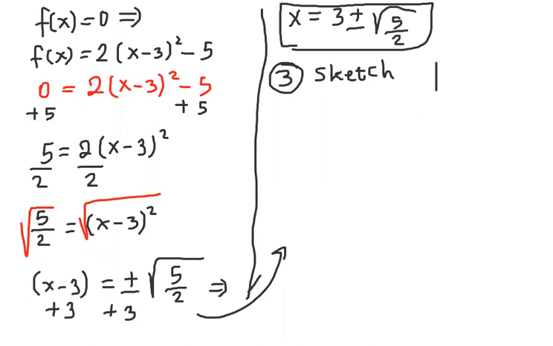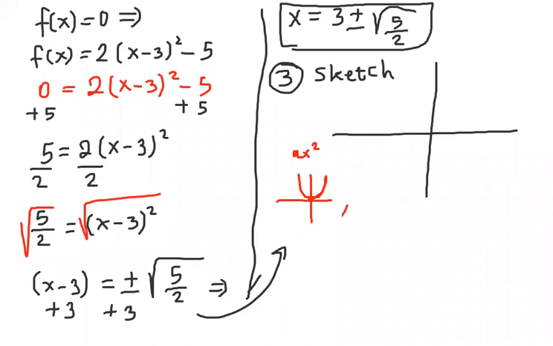To sketch the graph, we have the x-intercept and y-intercept, and we have the vertex. And like I said last time, any quadratic function looks like a parabola. Parabola means the function looks like this if a is positive in ax squared, or like this if a is negative.